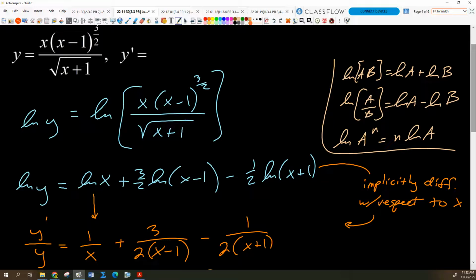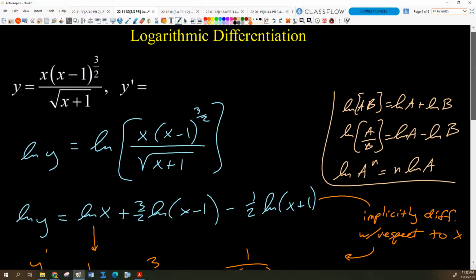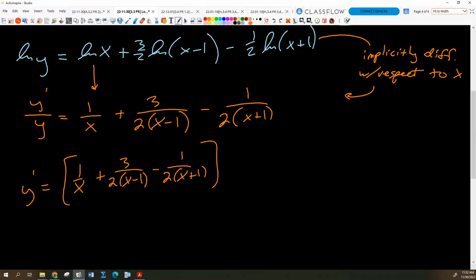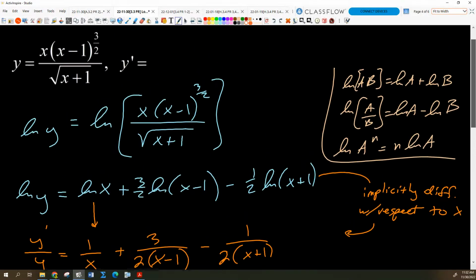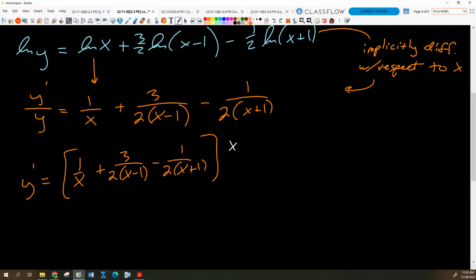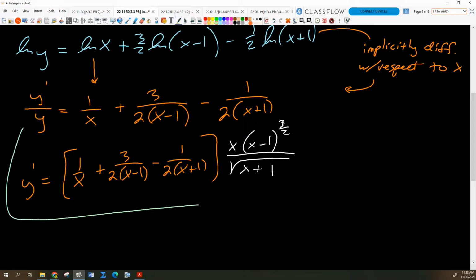Y was defined for us at the beginning. It's ugly, but that's what it is. So it was x times x minus 1 to the 3 halves divided by square root of x plus 1. There's our answer, our big ugly answer.